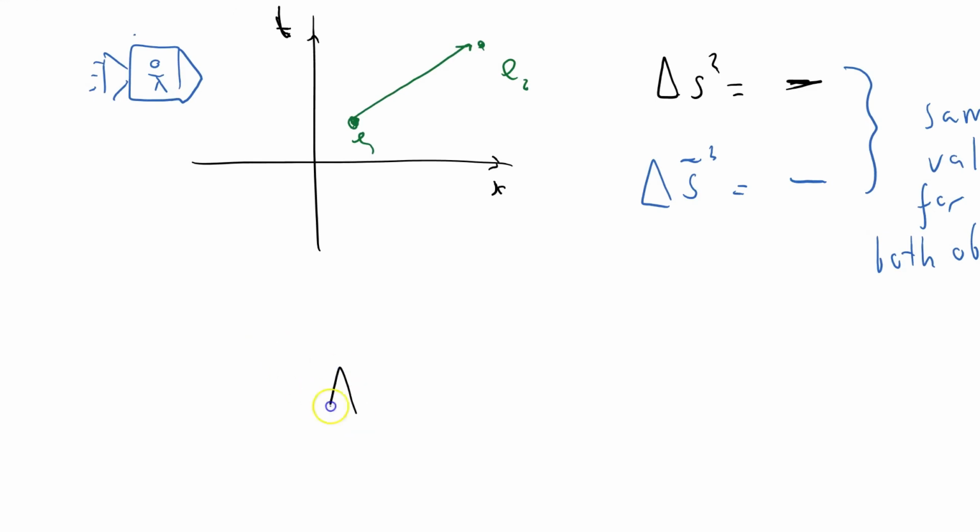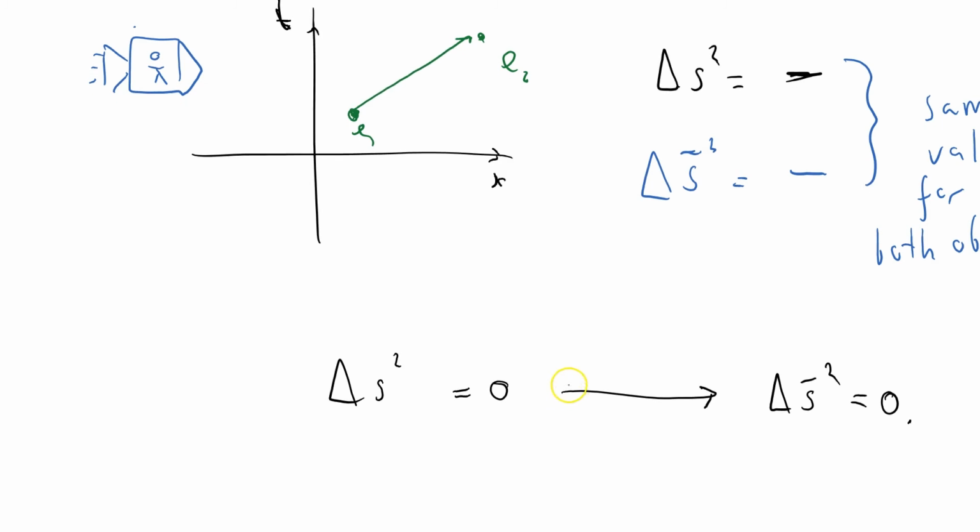I'm also going to observe that delta s squared equals 0 implies delta s bar squared equals 0. Because if two events are connected by a photon path for one observer, they are connected by a photon path for all observers because the laws of physics are the same for everyone.